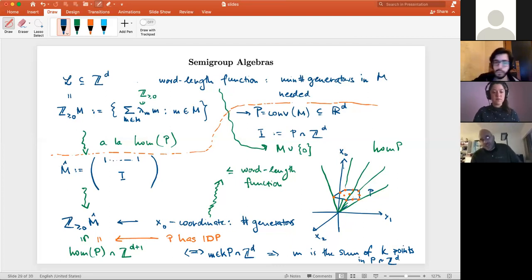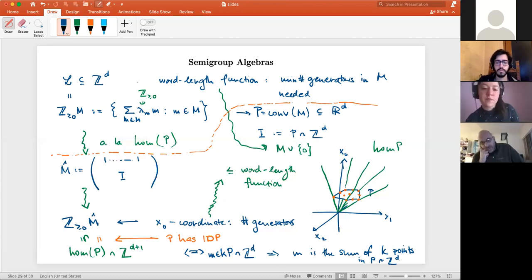A generic lattice polytope will not have this property. So the IDP polytopes form a special class of lattice polytopes, and they often come from applications.